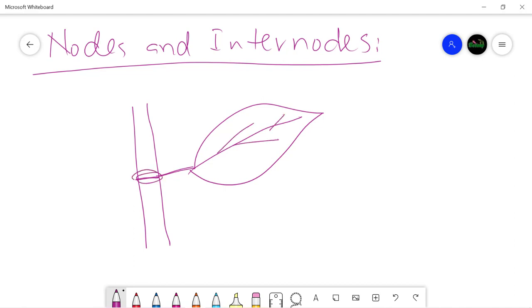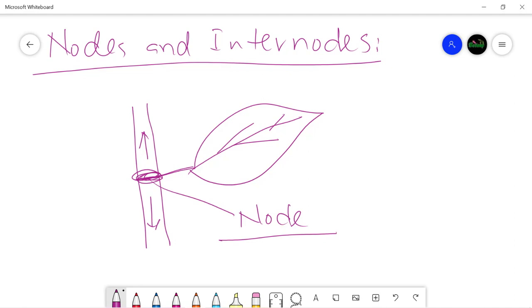So this particular area is the node. It may or may not be distinguishable from the other parts of the stem, like the areas above and below the node. Usually it has a somewhat different shape.